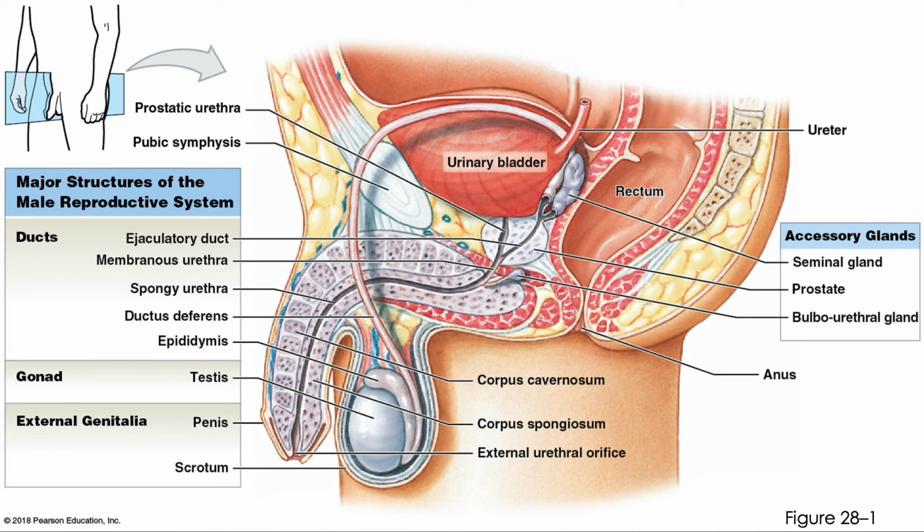So it's in the prostate gland where the sperm will meet up with fluid from the seminal vesicles, and then as the prostate gland contracts, that will help to propel the sperm down through first the prostatic urethra, then into the penile urethra, and then out.